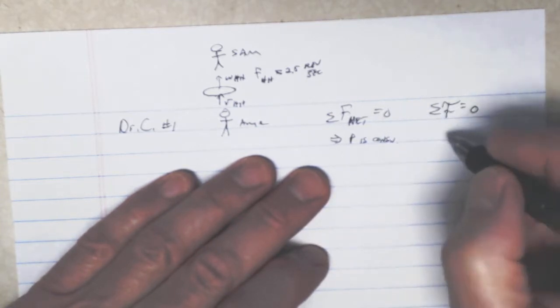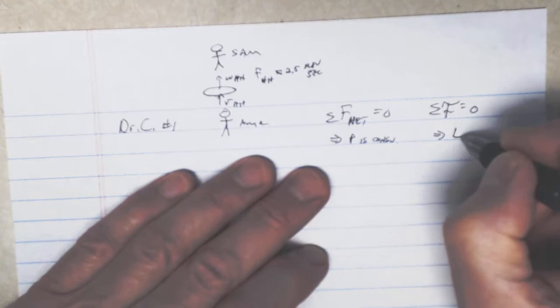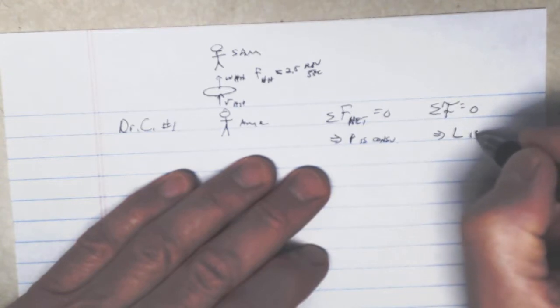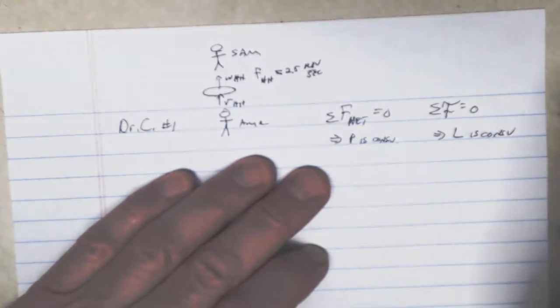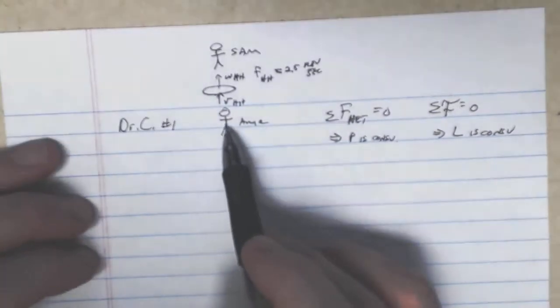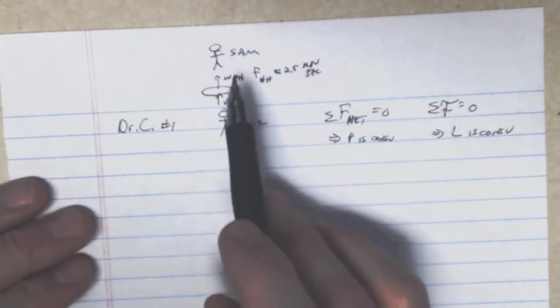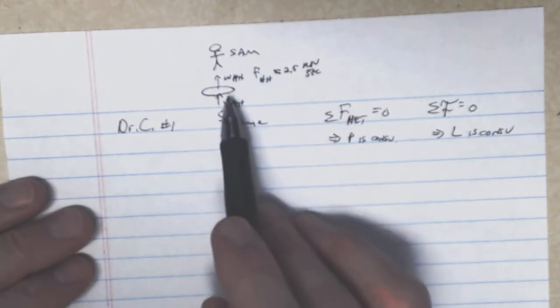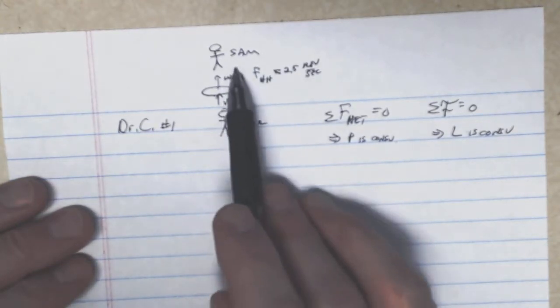And if there's no net torque acting on the system, angular momentum, L, is conserved. And so those are the principles we'll use to answer the question, what does the motion of Anne and the motion of Sam look like after Anne throws a hula hoop and Sam catches it?